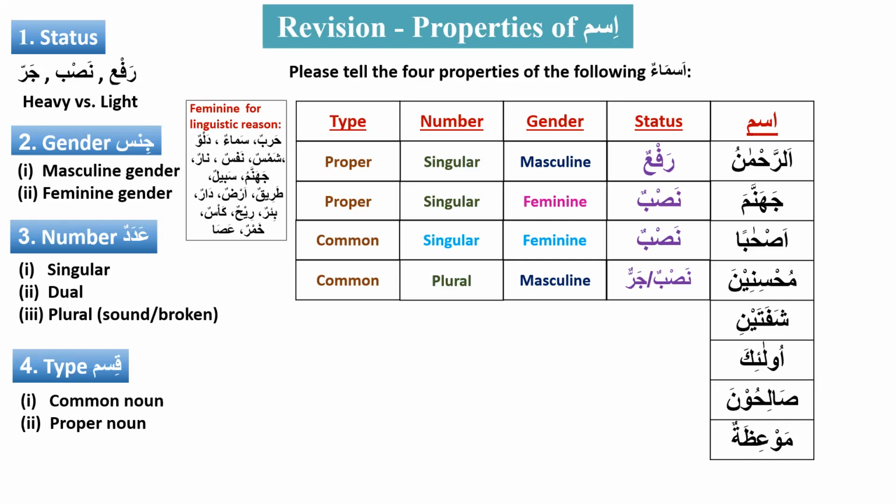Can you tell me the status? Jar. It has the ain sound, so it could be just jar or something else as well. Nasab or jar, either. That's the right answer. Gender? Body part, feminine.